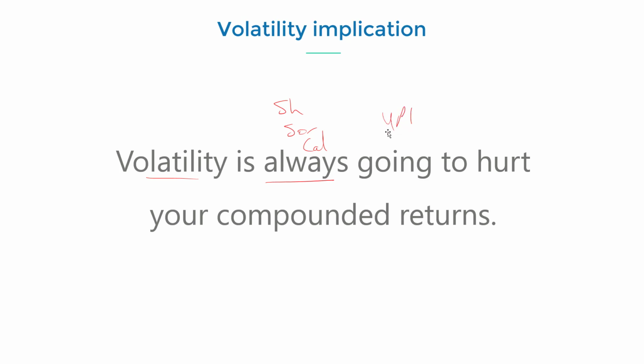There's a whole bunch of interesting performance stats that you can look at that try to take this into consideration, not just looking at your compounded return, because it's mathematically proven that volatility is always going to hurt your compounded returns, no matter what. So if you can minimize your volatility, and of course, if you can maximize your return, that is a way to get a portfolio that's going to be well performing.